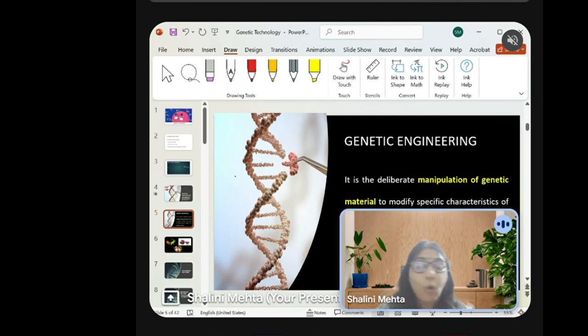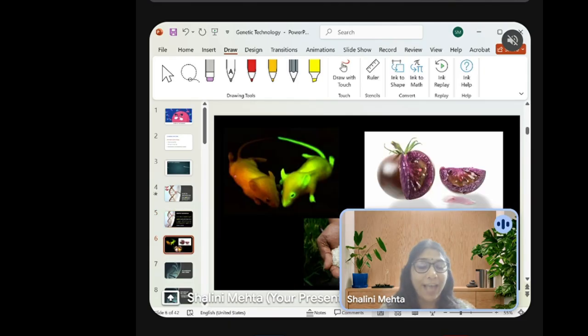What are some common examples that you can think of for genetic engineering? Have humans already performed lots of experiments on genetic engineering? Yes, we have manipulated the genetic material of many different organisms. A few of those examples are here. For example, scientists have created what we call fluorescent mice.